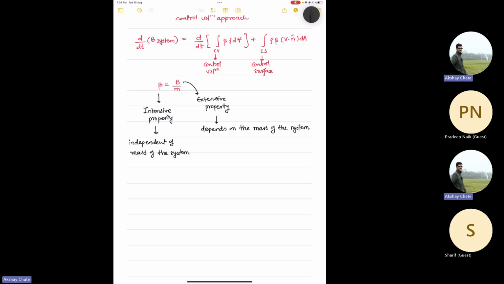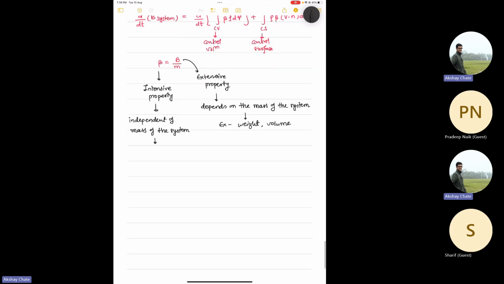The simplest example is weight, and I think volume also, because as the mass increases, volume also changes. So volume you can also consider an extensive property.